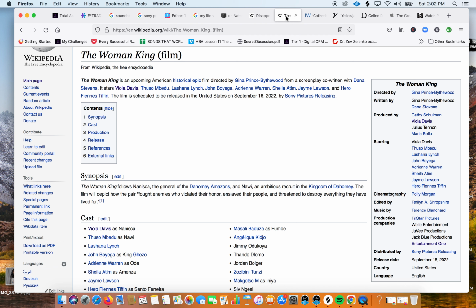So the Dahomey tribe was the tribe that would go out to neighboring tribes and capture them and sell them to the Europeans to go into slavery on ships to the four corners of the earth. So if your people were enslaved in the Americas or the West Indies or South America, it's likely that the Dahomey tribe captured your folks. So this should be an interesting film.